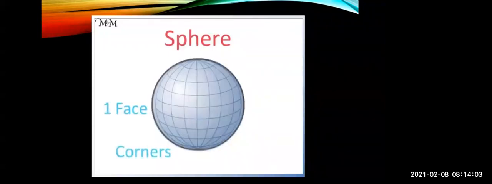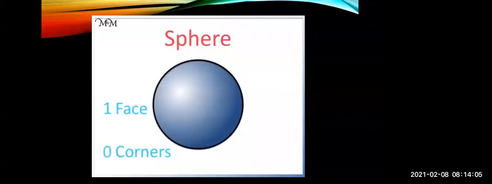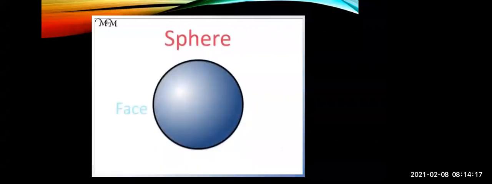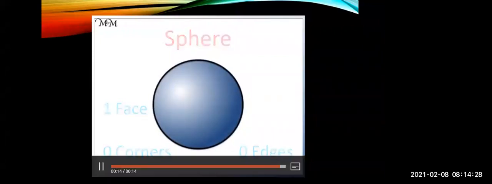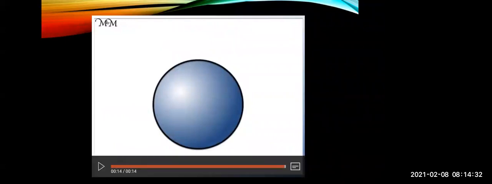So in a sphere you just have to remember there is only one face and no vertices and no edges. See, again I'll play. Sphere, face. There is one face, no vertices and no edges. So remember students, in a sphere there are no vertices and no edges, only one face.